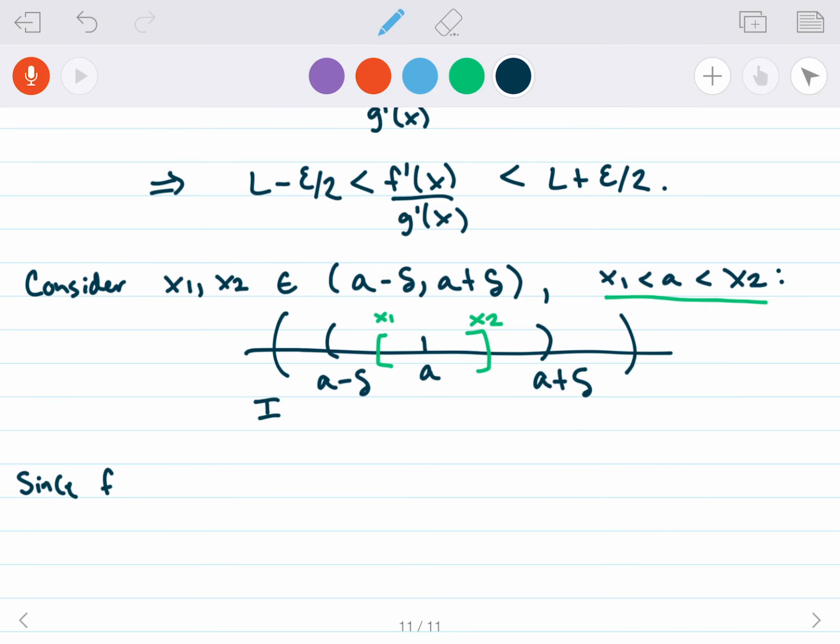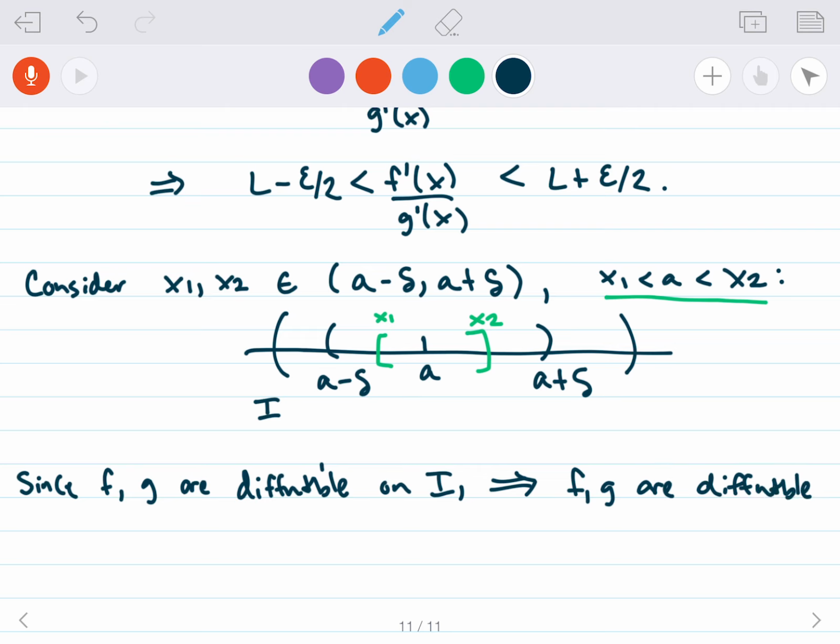Since f and g are differentiable on I, then in particular they are both differentiable on this closed interval because it's contained in I.